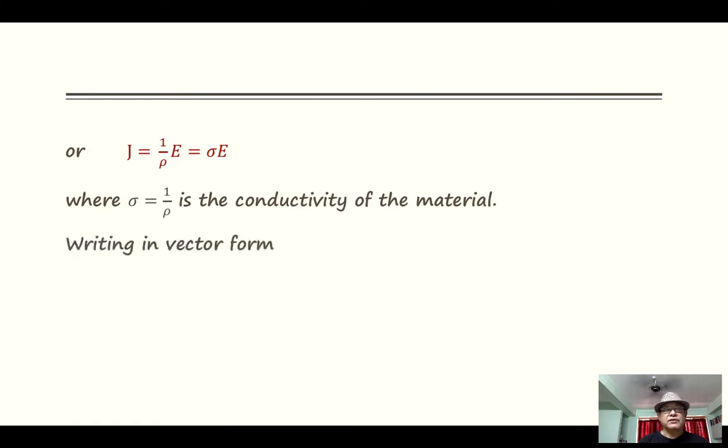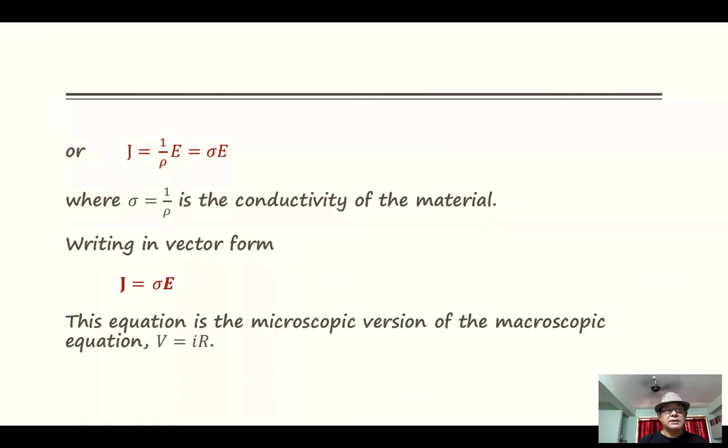Writing in vector form, we get J equal to sigma E. Here, current density J and the electric field E are both vectors pointing in the same direction. This equation is the microscopic version of the macroscopic equation V equal to IR.